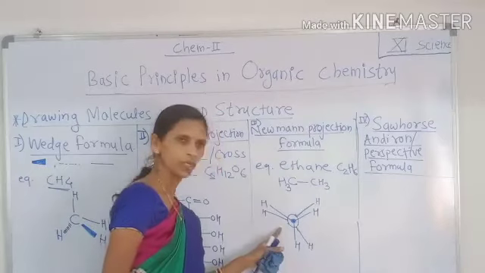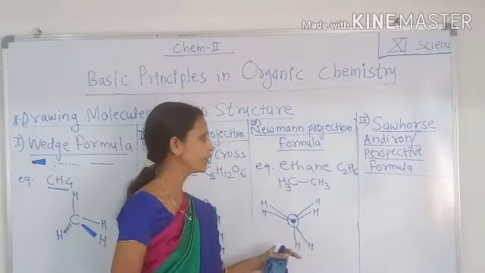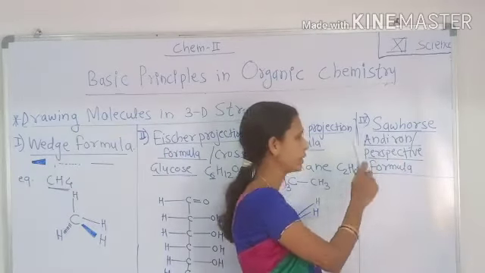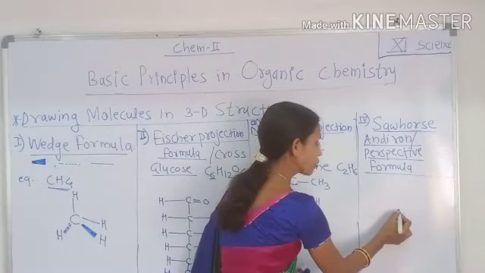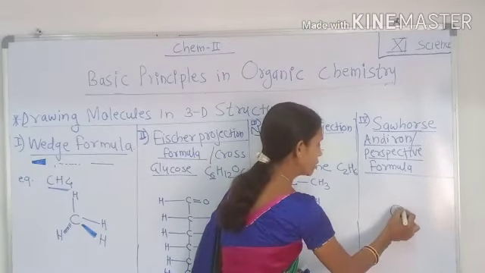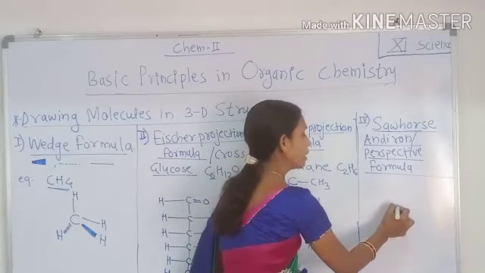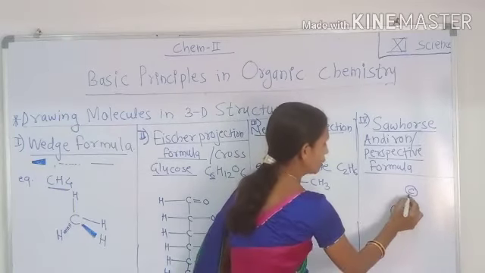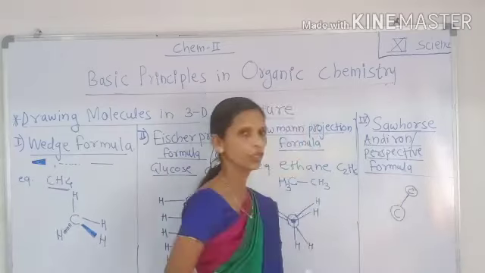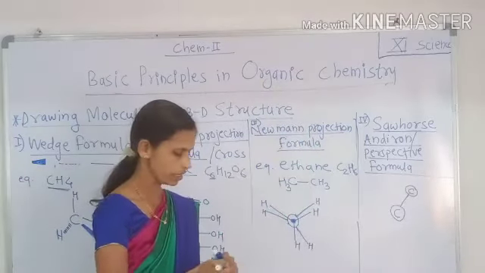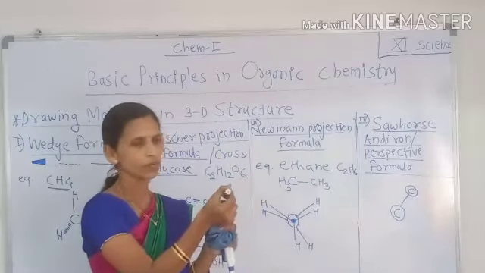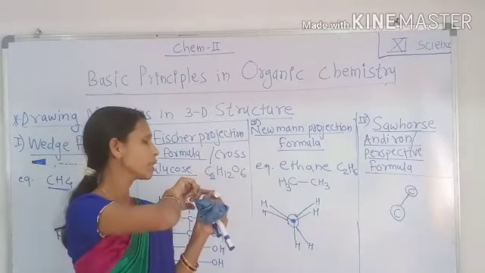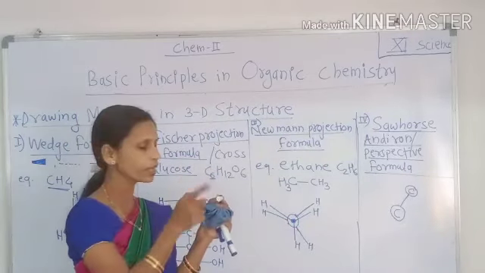The same 3D structure of ethane can be represented by using the Sawhorse or perspective formula. Writing the 3D structure of ethane, the front carbon atom is written like this, and the C-C bond, the carbon-carbon bond, is drawn using a slanting line. In the Newman projection formula, we can see only the front carbon atom, and the rear carbon atom is exactly behind it.